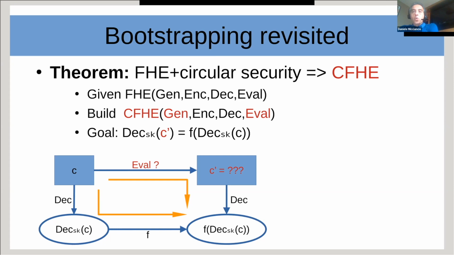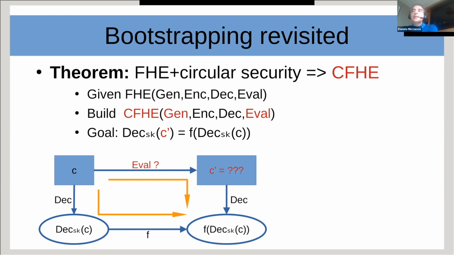So, let's look at what we want. What is the goal? We have a ciphertext C, and we have a function f that we want to evaluate homomorphically on the ciphertext C. And we know that if you decrypt this ciphertext and then apply the function f, you will get a certain value, f of the decryption of C. And the goal is to find some other ciphertext C prime that has the property of decrypting to f of the decryption of C. So we know the output of the decryption function.